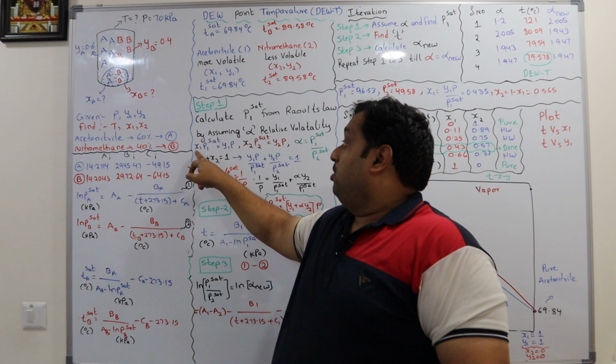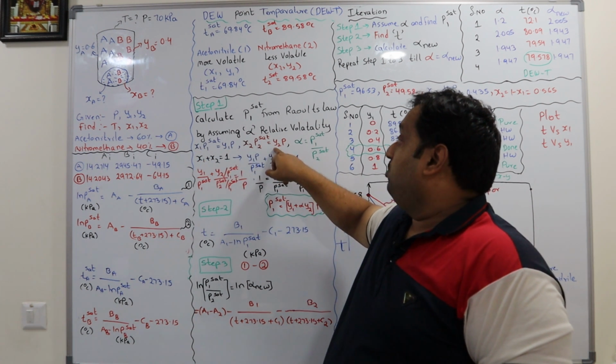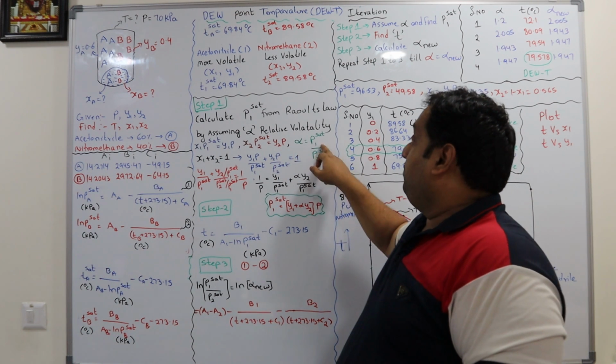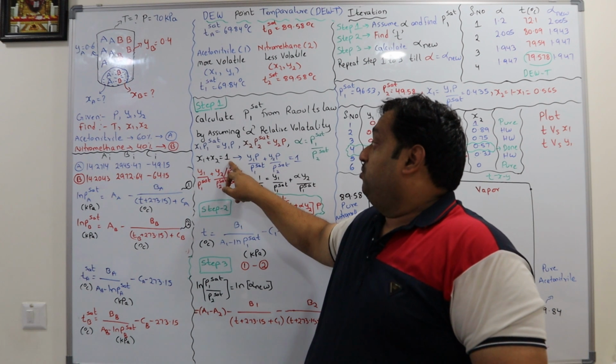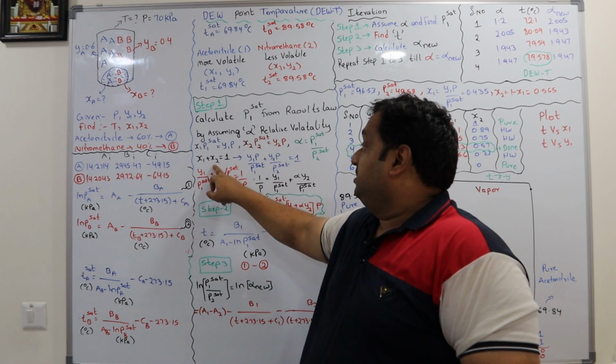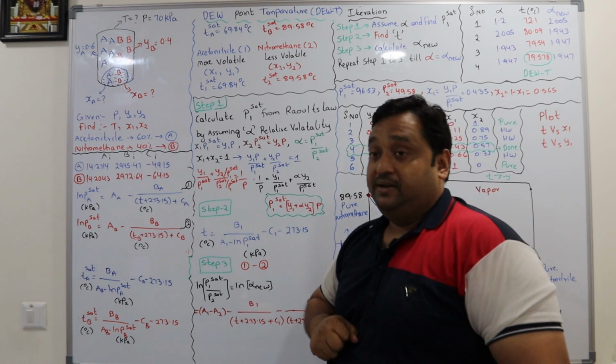Then you already know x1 into P1 sat is equal to y1 into P, and x2 into P2 sat is equal to y2 into P, where alpha is equal to P1 sat by P2 sat. It is a binary mixture, so x1 plus x2 equals 1. I substitute the above 2 equations into this equation and get y1 P by P1 sat plus y2 P by P2 sat equal to 1.